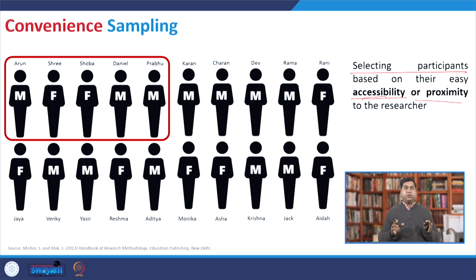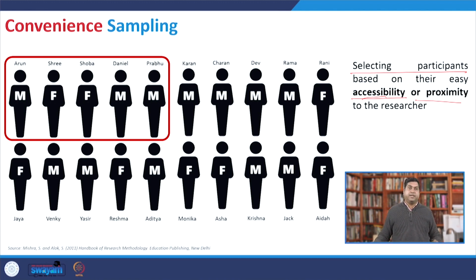Now, if you only want to tap their understanding of the subject, then if all of them are first year, taking any 5 students, or a few students I know, will be good enough.